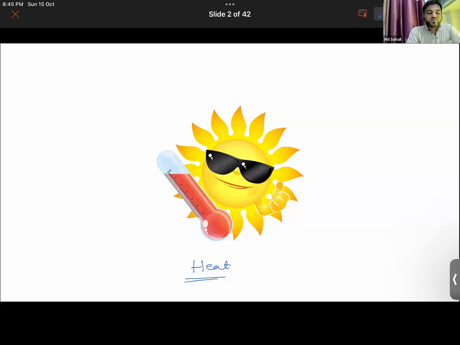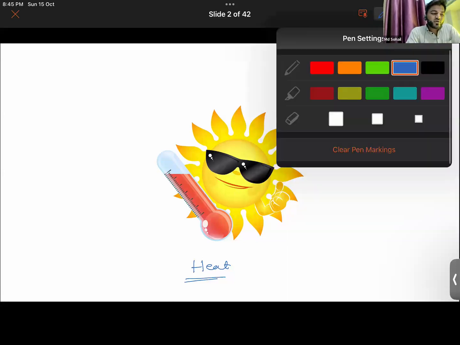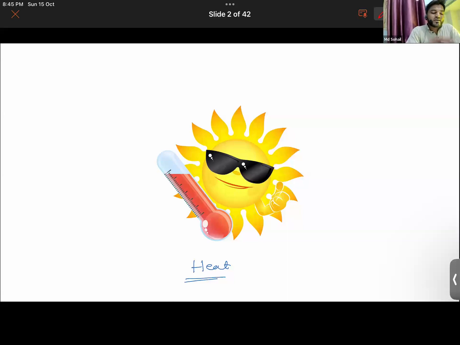I will write this. Talking about heat here, heat is simply a form of energy. In simple terms, heat is a form of energy, and this form of energy can either make us feel warm or make us feel cold.